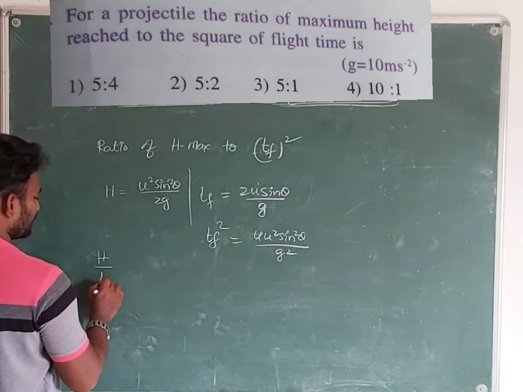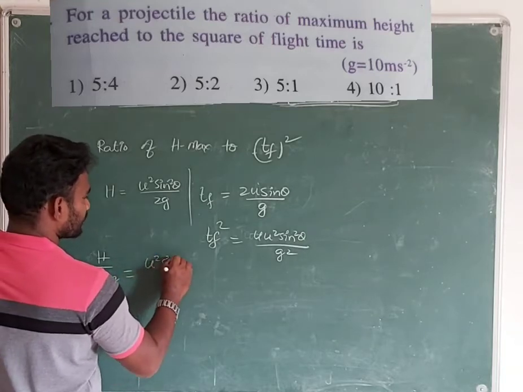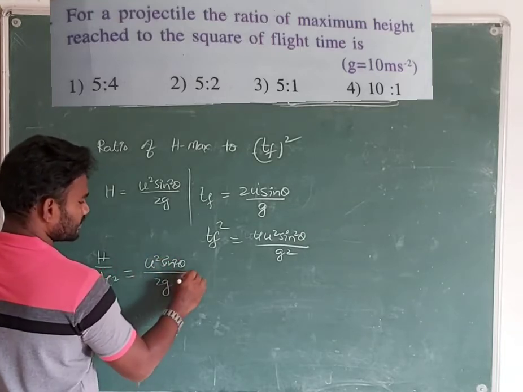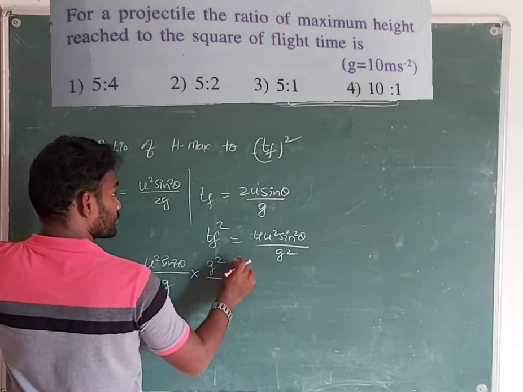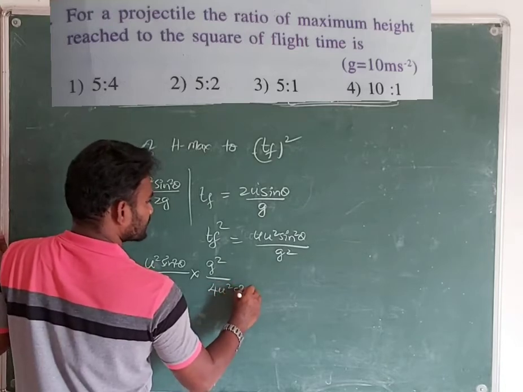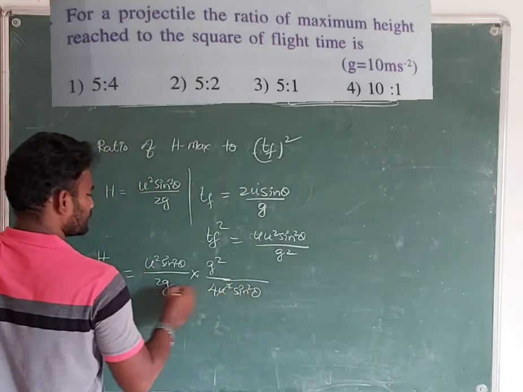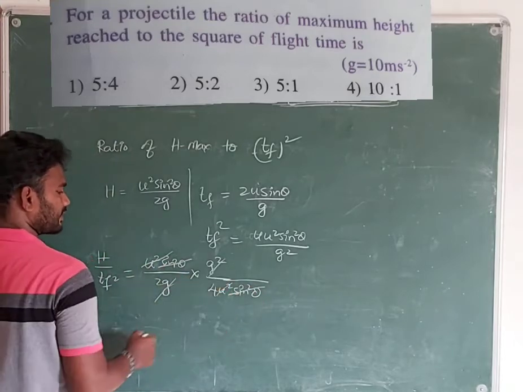So h by tf square is equal to u square sine square theta divided by 2g, multiplied directly: g square goes up, then 4u square sine square theta. Students, u square gets cancelled, sine square theta gets cancelled, g gets cancelled.